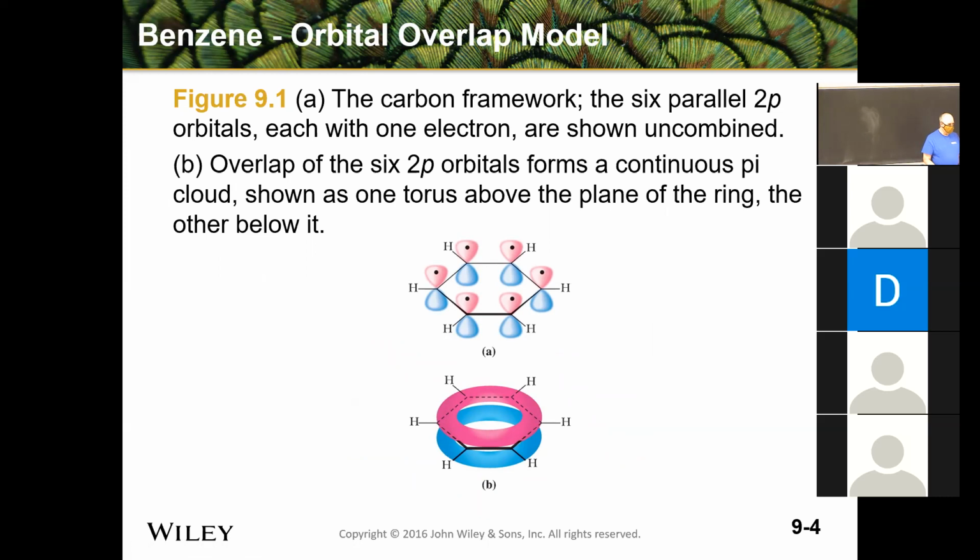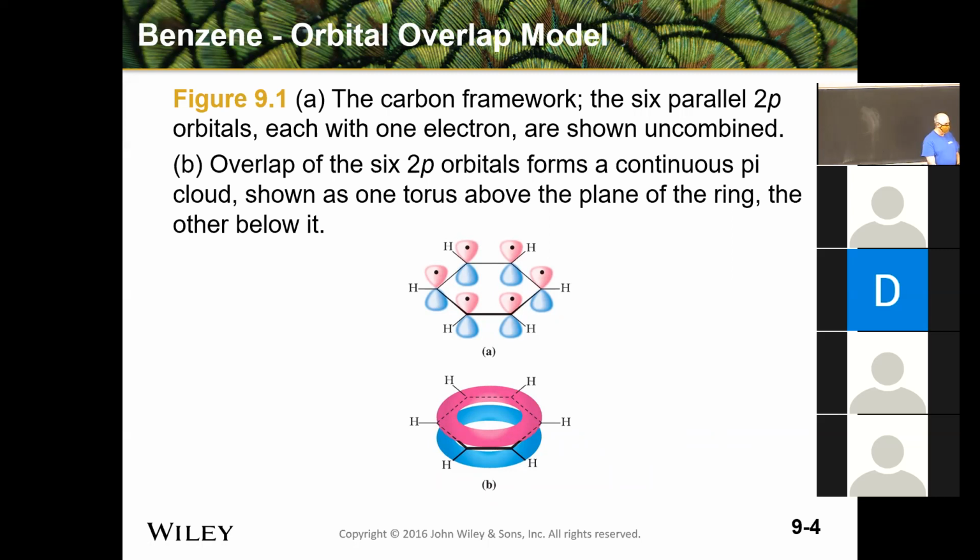Okay, in the orbital overlap model, we have 6 parallel 2p orbitals. Okay, remember there's a 2s and there's two 2p orbitals, and 2 of the p orbitals were used to hybridize to form sp2. So that means there's 1 p orbital that's left over.